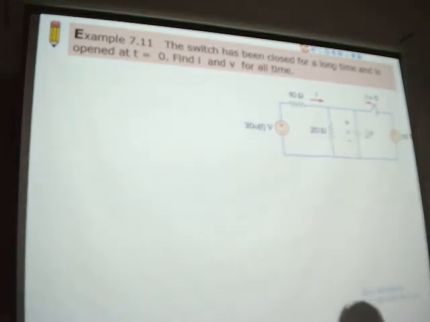Did you finish step 2? Did you finish step 2? I can try this practice. Okay. Step 2. Are you sure? Okay.